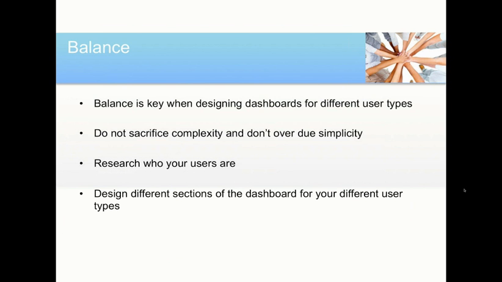How much was sold? What was sold? How many units were sold? All this really detailed information where the sales department, we just really don't need them to know all of that. We just want them to know certain pieces of information. So they just need to know the summaries, and the marketing department needs to know all the details. So those are two different types of users. So how do I find a balance?